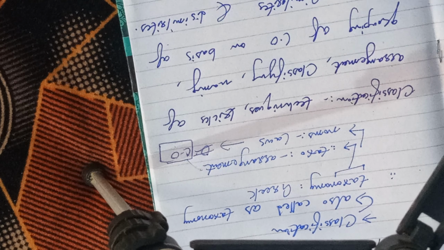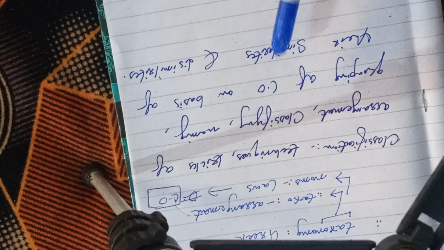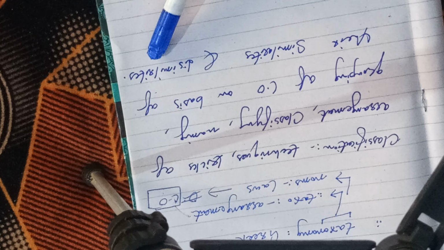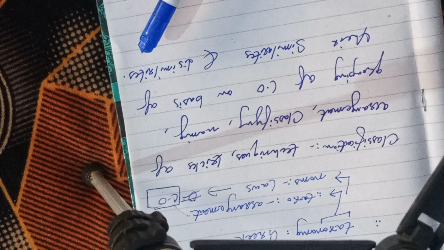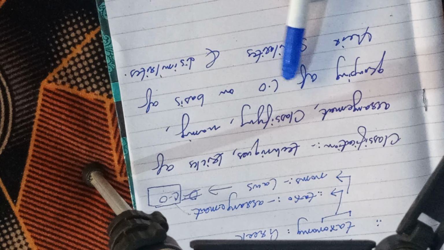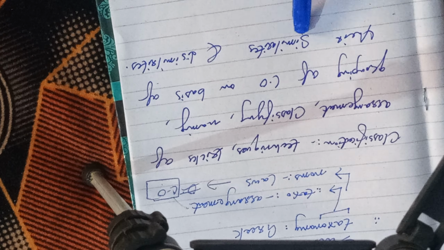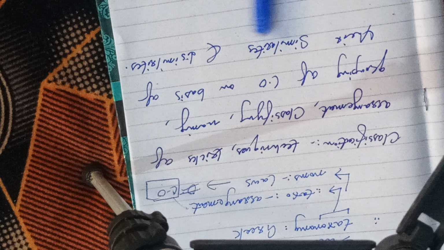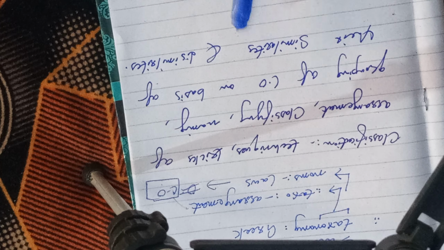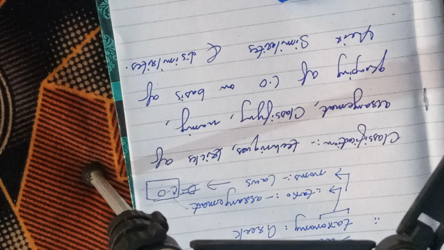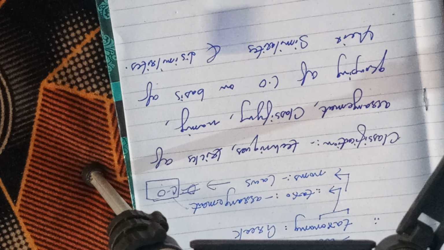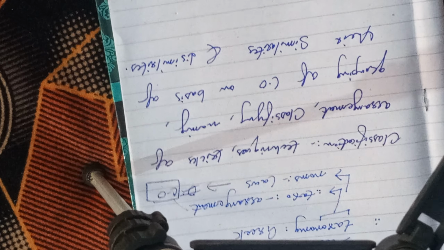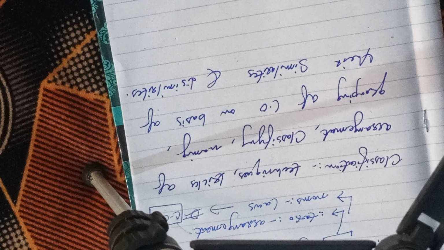And on what basis? On the basis of their similarities and dissimilarities, right? Even though we cannot say that we are doing classification just on the basis of similarities, we are considering both.